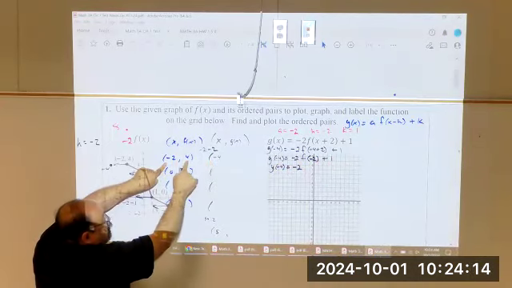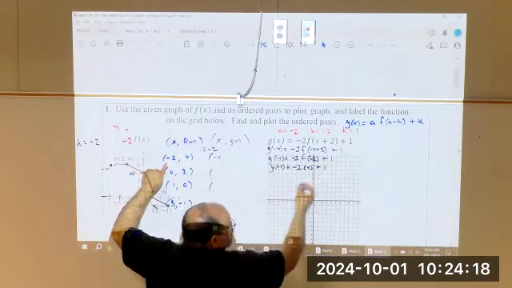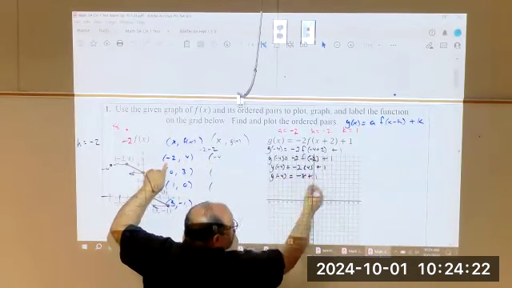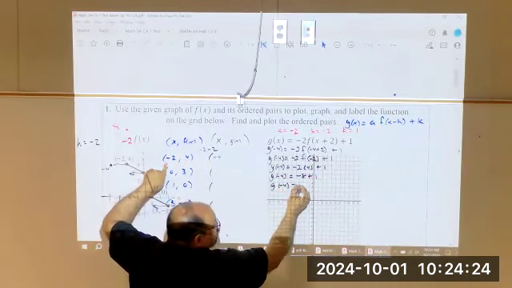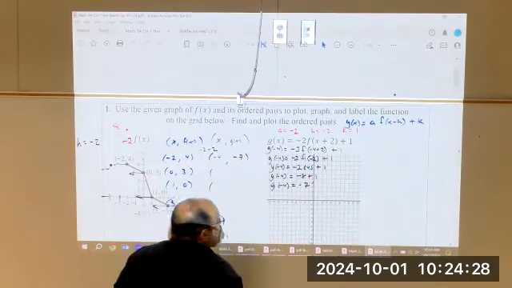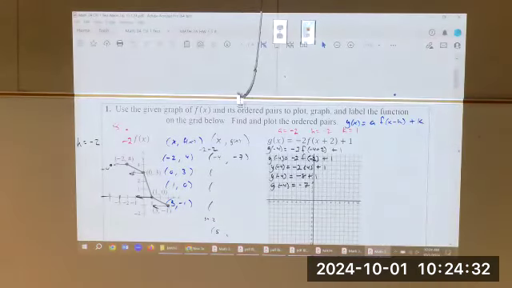F of negative 2 is positive 4, plus 1. So g of negative 4 is equal to negative 8 plus 1. G of negative 4 is equal to negative 7. I can plug negative 4 in because I'm going to add 2 to it. And then I have an answer back to the original function.